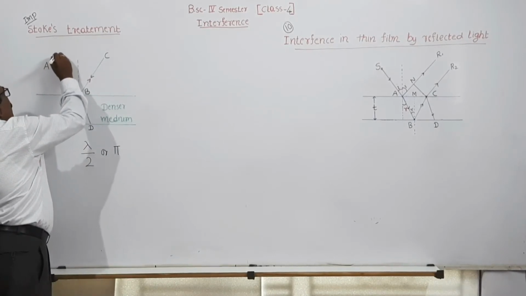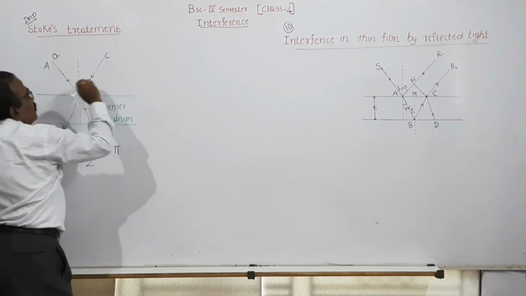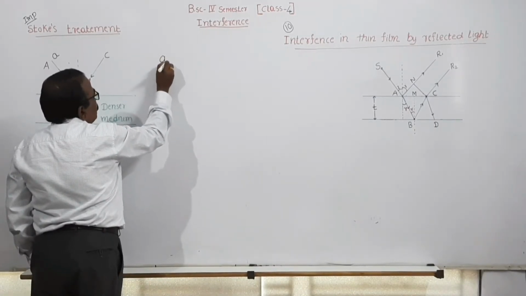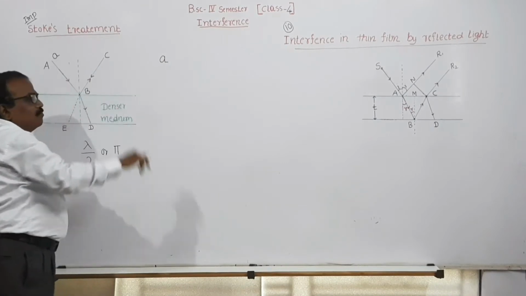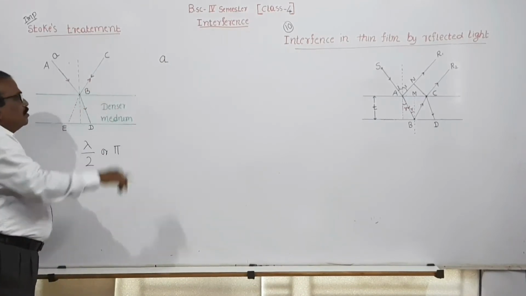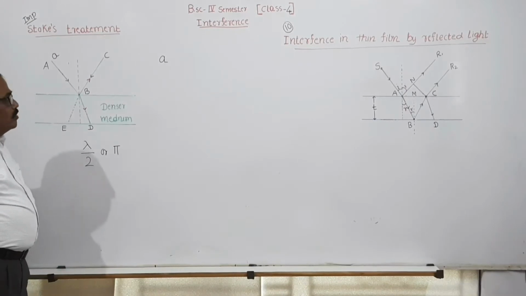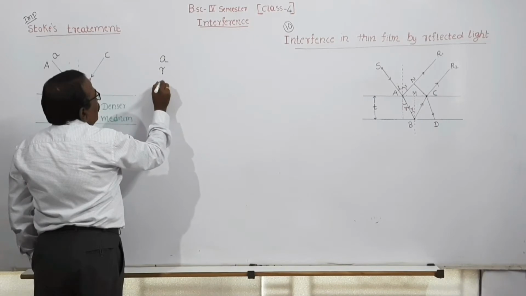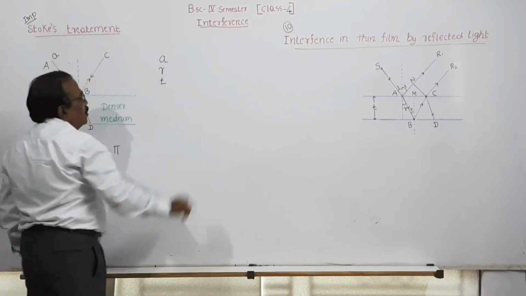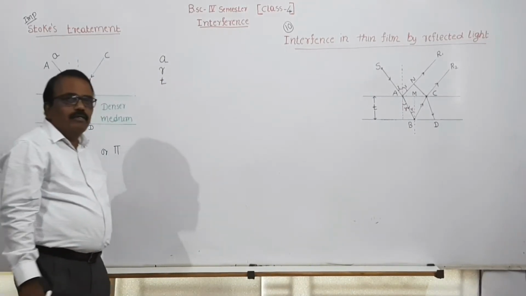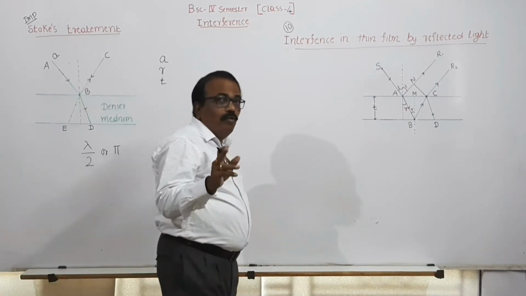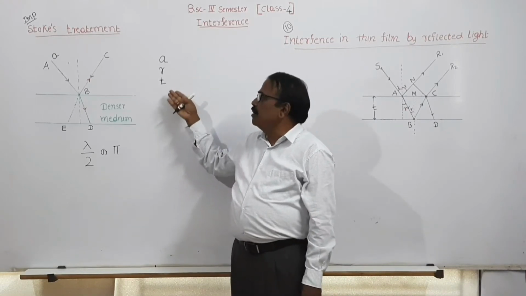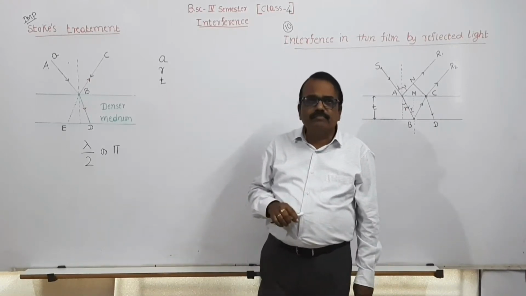Let A be the amplitude of the wave falling on the denser medium surface separating the two media, and let R and T be the reflection and transmission coefficients. What are these?